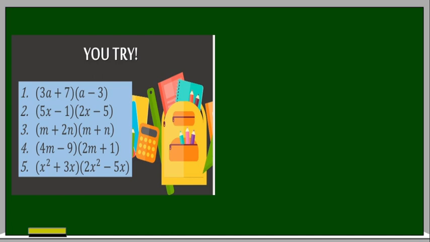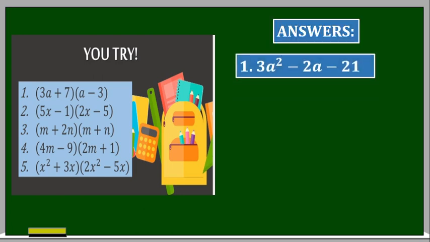You combine the two: negative 9a plus positive 7a gives negative 2a. So our F is 3a squared, our OI is negative 2a, and L is positive 7 times negative 3, negative 21. Correct. So 3a squared minus 2a minus 21.